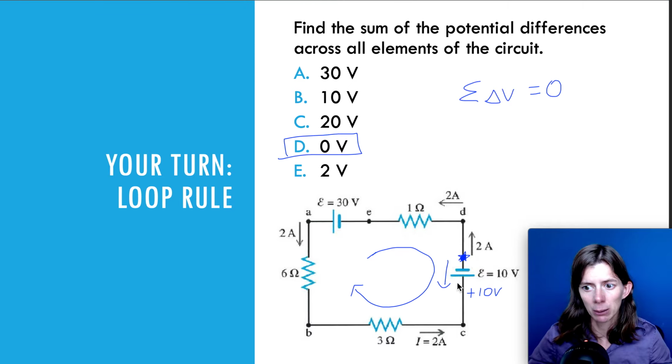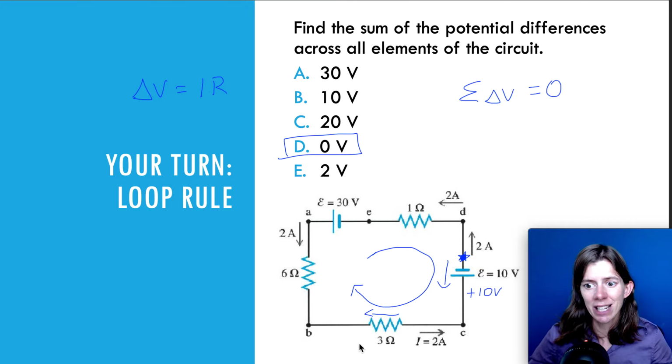Okay, keep going. Now we're going across this resistor to the left since we're going clockwise. But the current that was given in the problem is going the opposite direction. So go back to the rules. If you cross a resistor opposite the current, that is also a gain in potential, a voltage gain. And the amount of voltage gained is IR, right? It's always plus or minus IR, depending on the direction of the current.